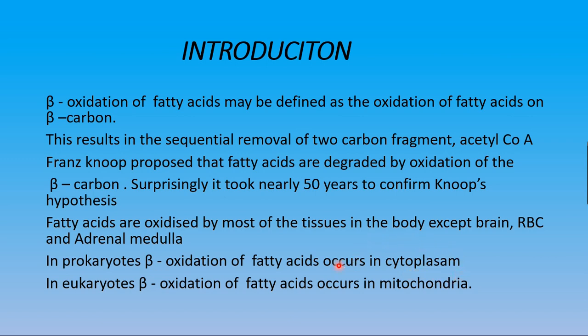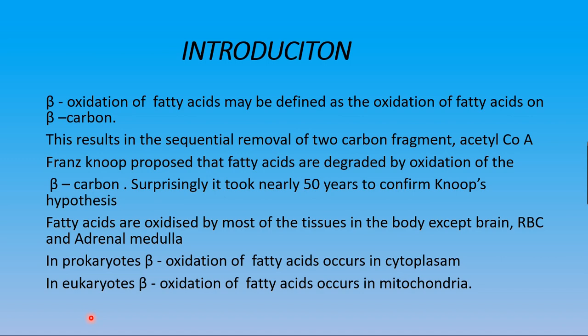For example, the enzymes required for beta oxidation of fatty acids occur in the cytoplasm in prokaryotes. In the same manner, the enzymes essential for beta oxidation occur in the mitochondria in eukaryotes. So that's how beta oxidation occurs in those regions in prokaryotes and eukaryotes.